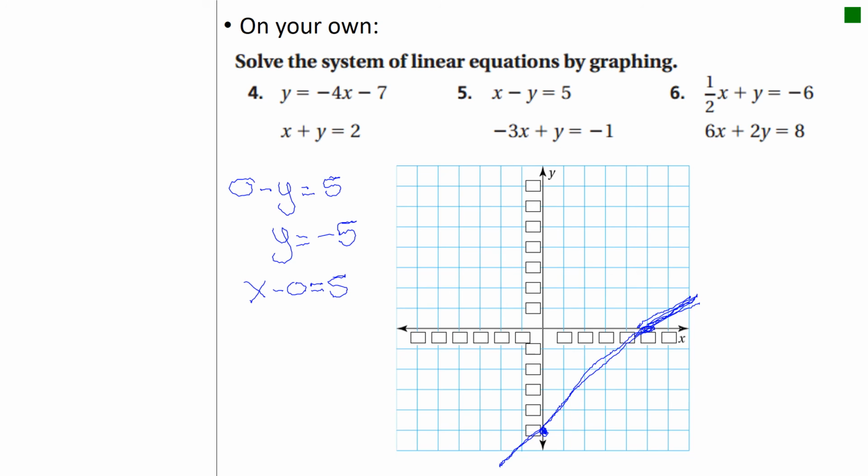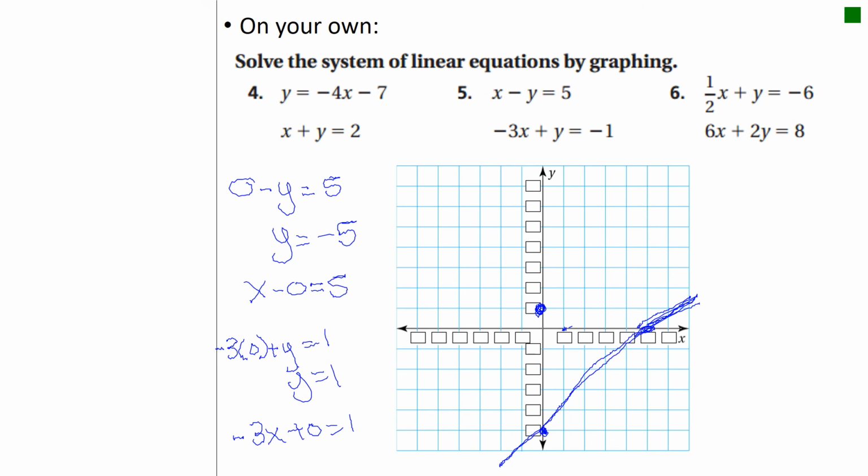Okay, do that for this one as well. If we plug in 0 for x, -3 times 0 plus y equals 1. Y equals 1. So I'm going to plot 1 for y. All right, we're going to plug in 0 for y now. So -3x plus 0 equals 1. Solve for x.